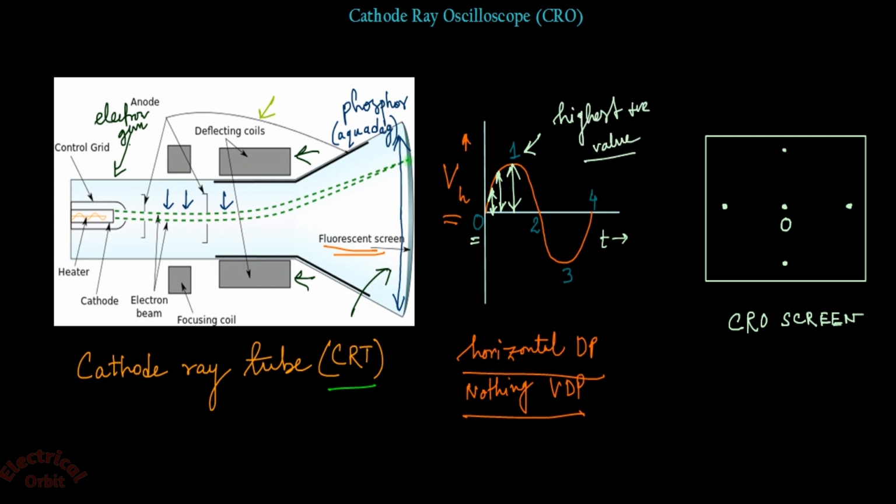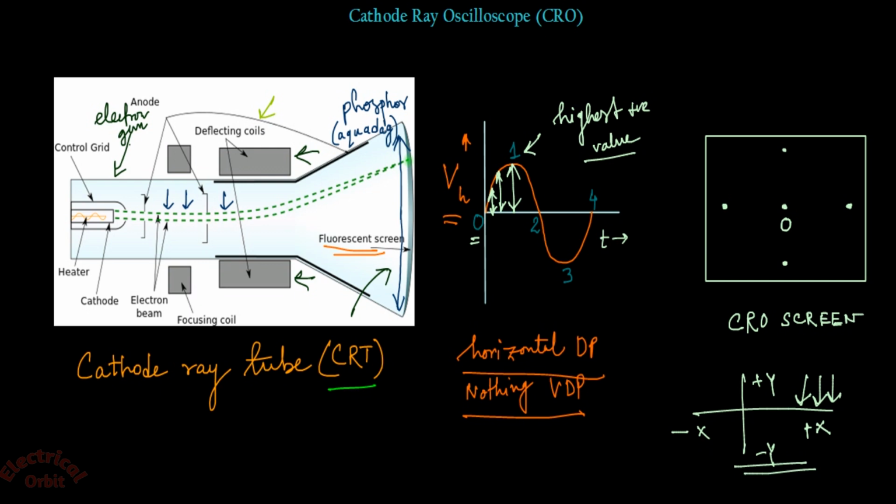In an xy graph, if this is positive x, this is negative x, this is positive y, and this is negative y, then an extreme positive value will be at the right side of the xy axis.